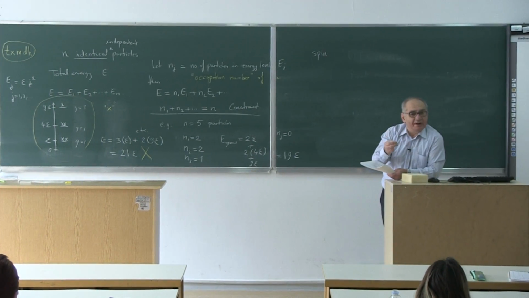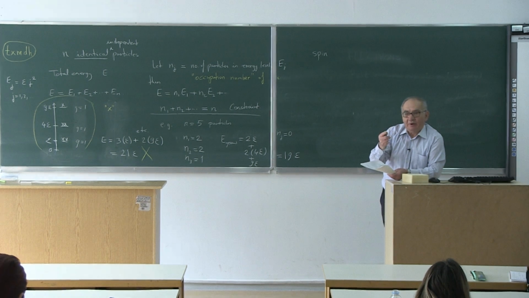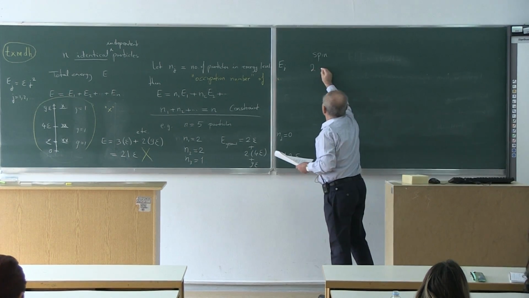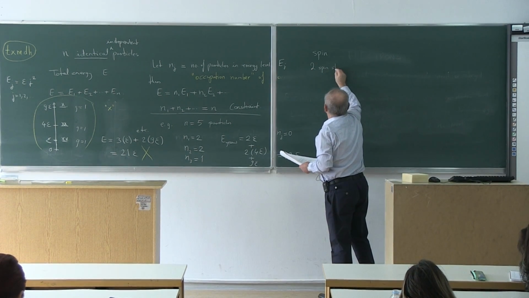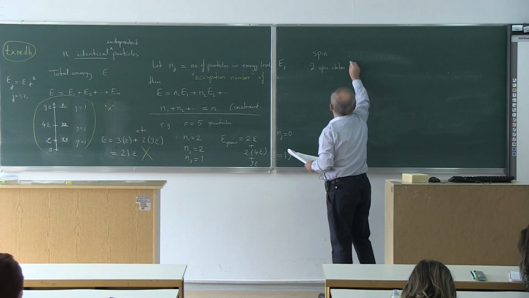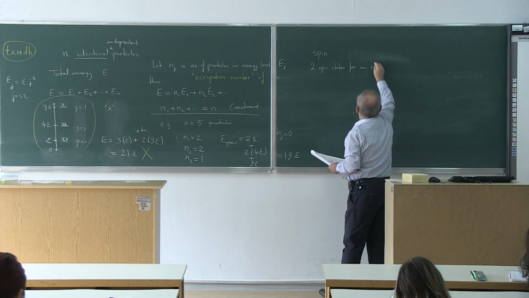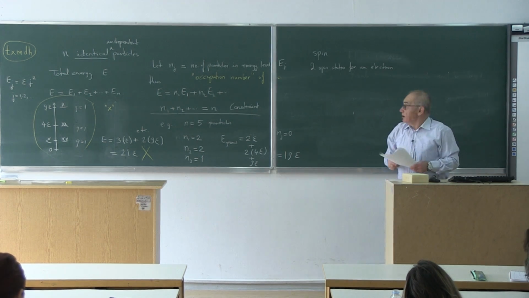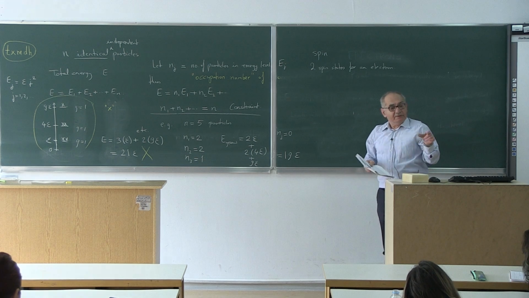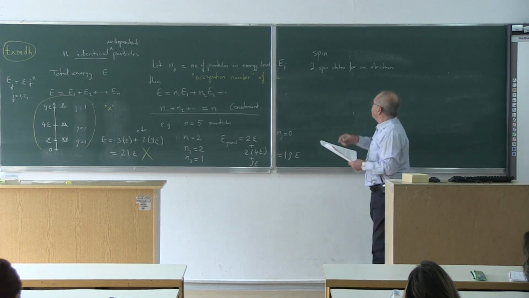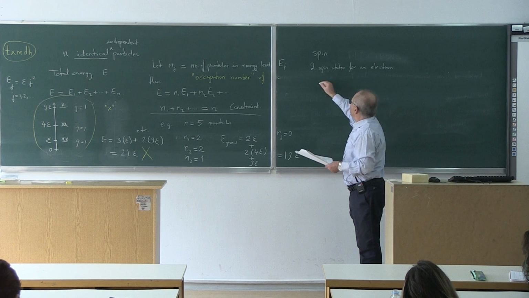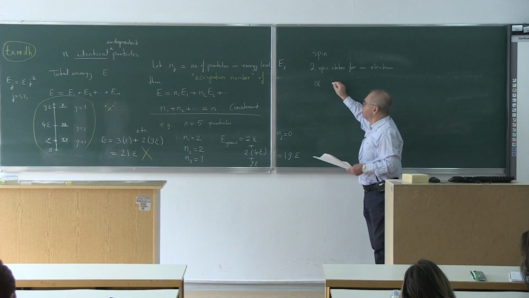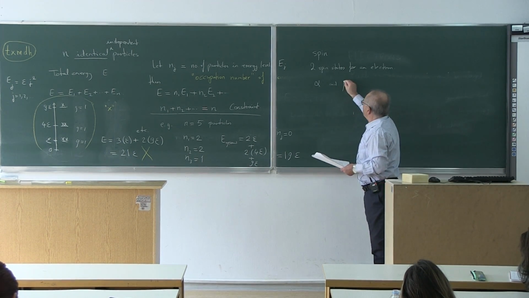Experiments show that an electron has just 2 spin states. The spin states are commonly shown by the alpha symbol and beta symbol.